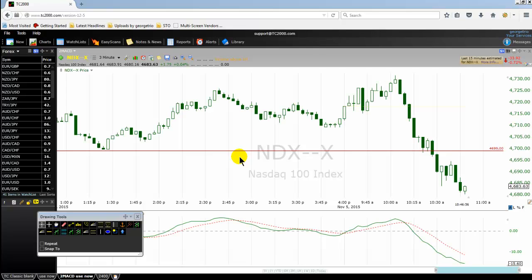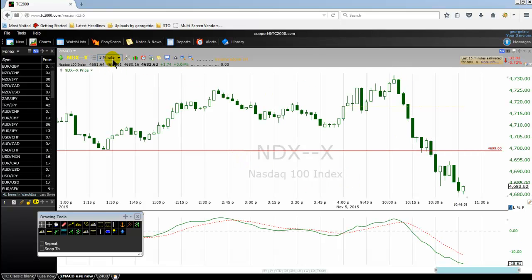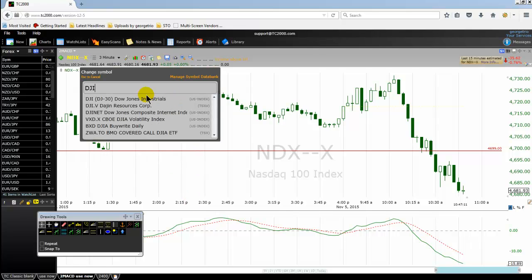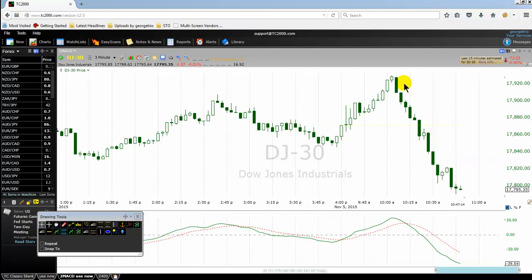You see the Nasdaq 100 on the 3-minute time frame is rushing down, and the euro is following. I want to check also the Dow Jones index. See again, the Dow Jones index is also coming down.